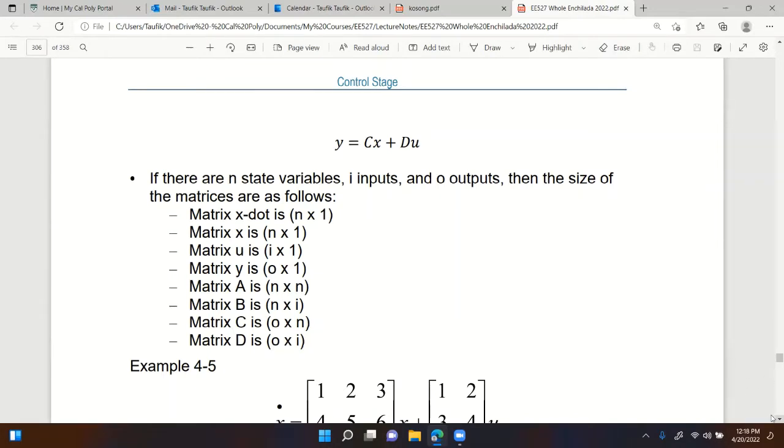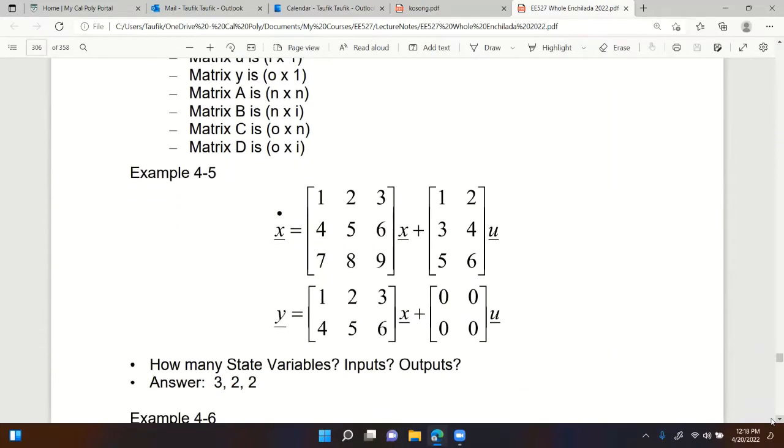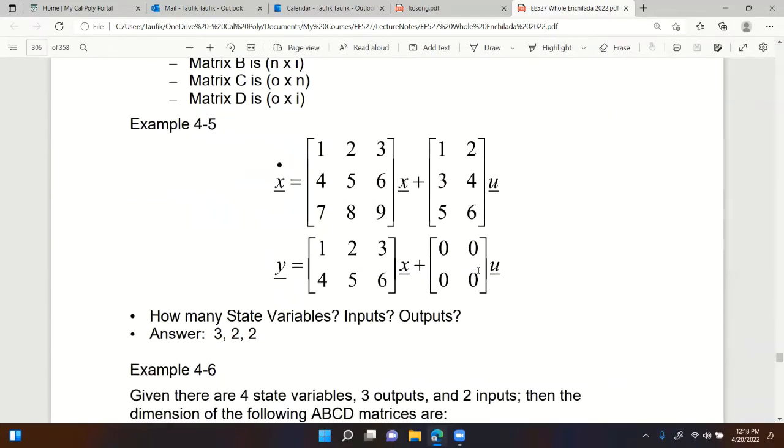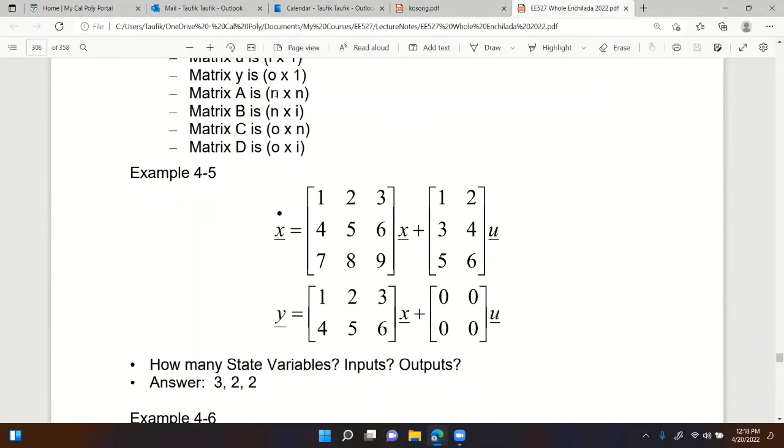Okay. For example, right here, I have the state space equations already set up in the matrix equation. From here, I know that A must be n by n.